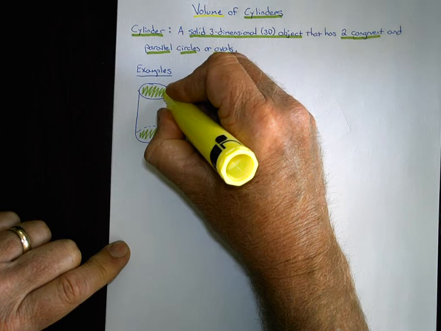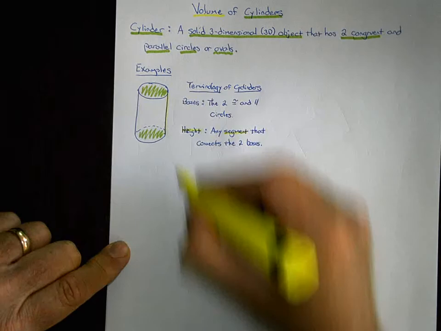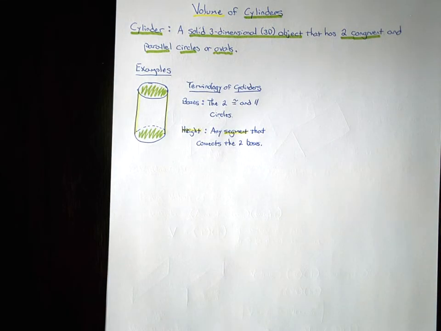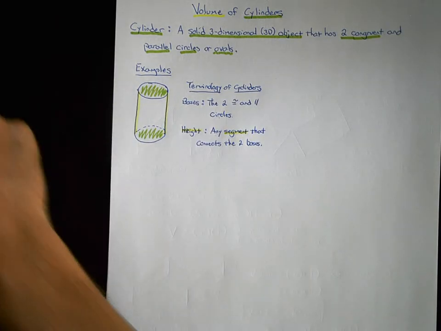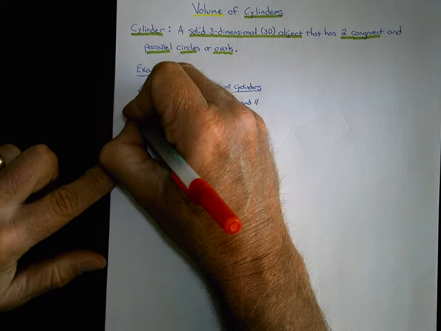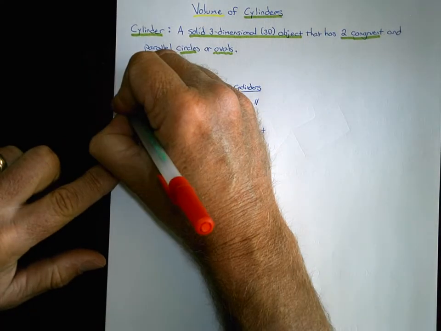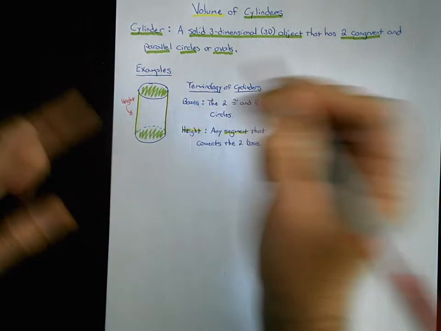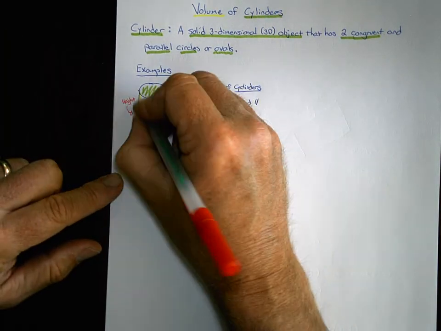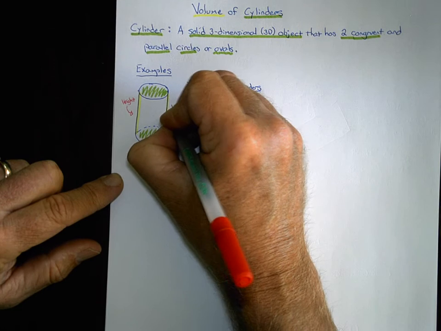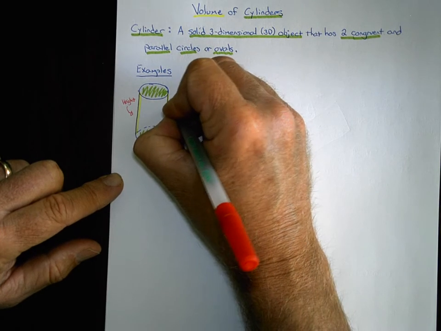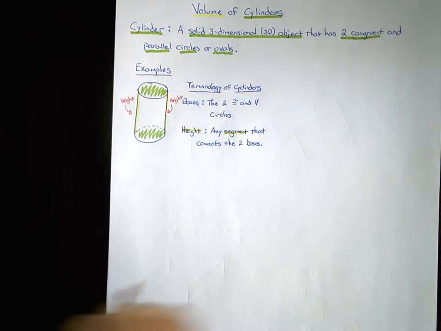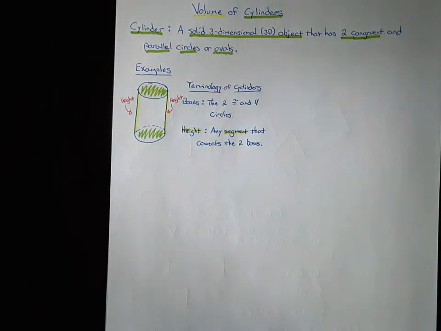That segment would be a height, as would this segment right there. There are two possibilities for the height of this cylinder, and both of them will be the same, but either one would be called the height. As a matter of fact, they both would be called the height. So there's some basic terminology of a cylinder and what makes a cylinder by the definition.